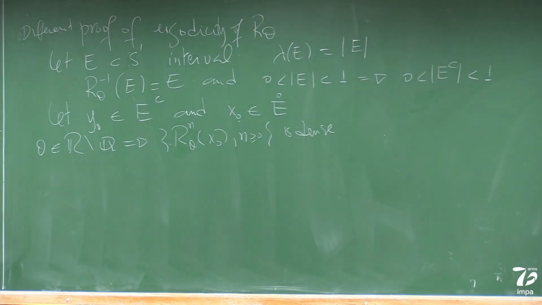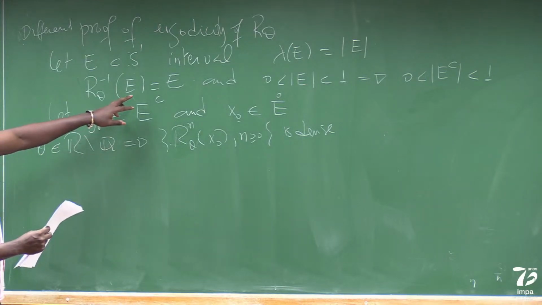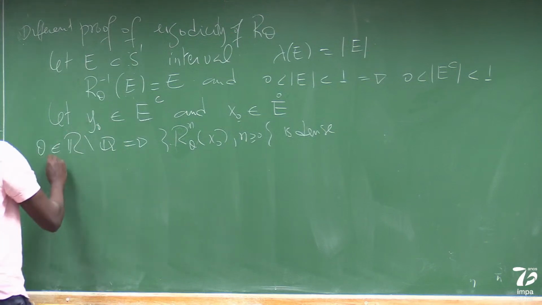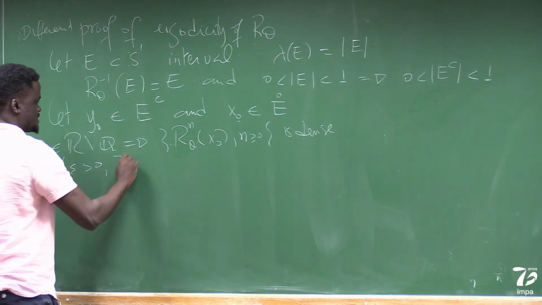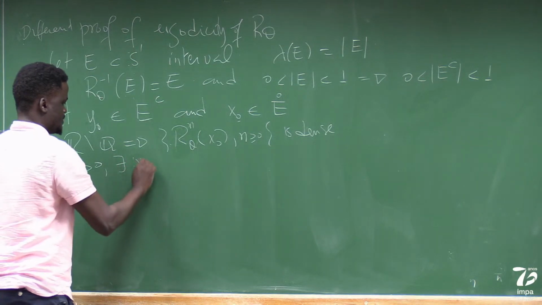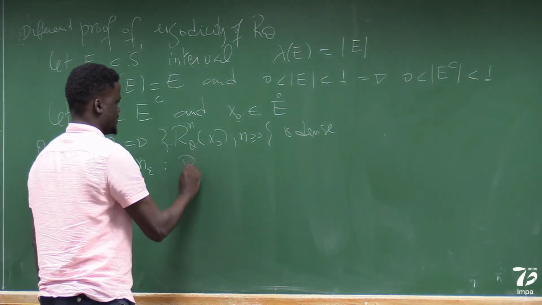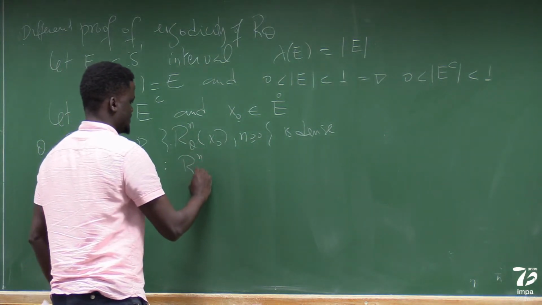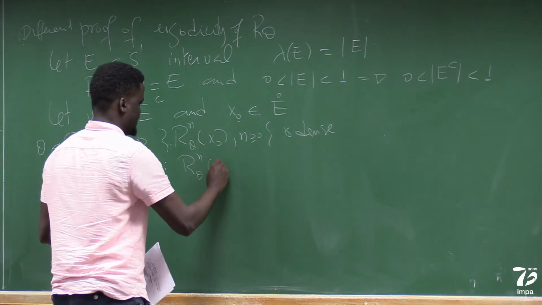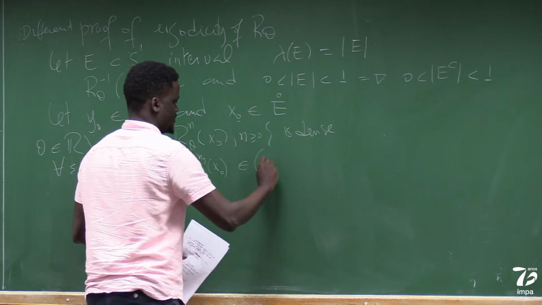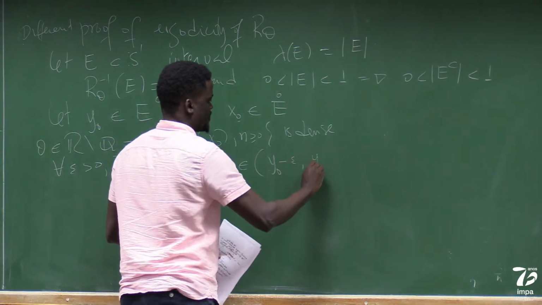So in particular, it's going to meet any small interval around y naught. So for every epsilon, there exists n epsilon such that R theta to the n epsilon of x naught is in (y naught minus epsilon, y naught plus epsilon).